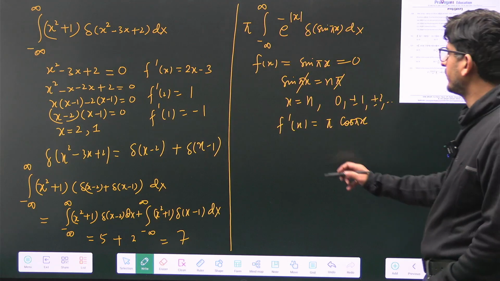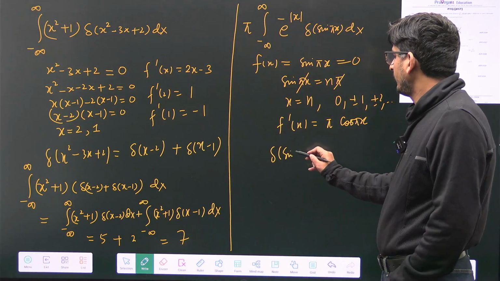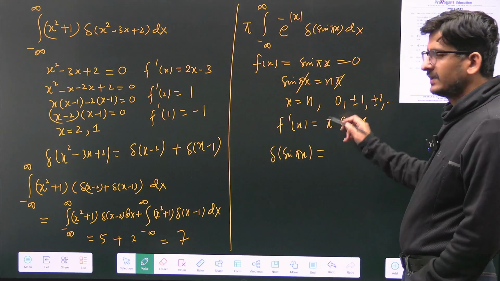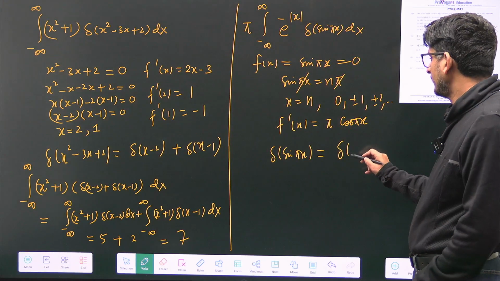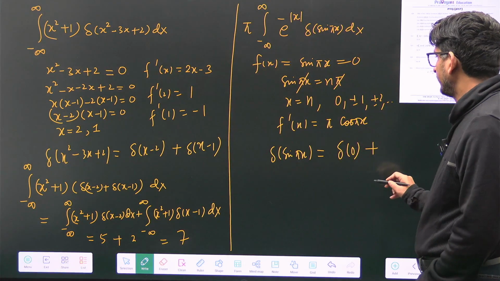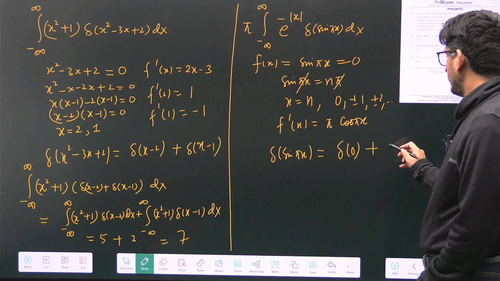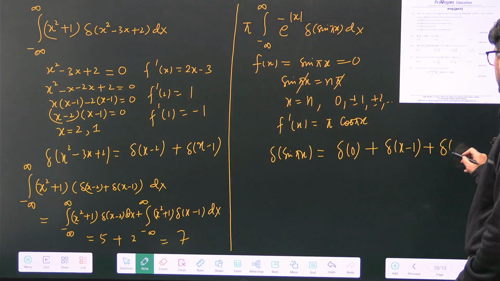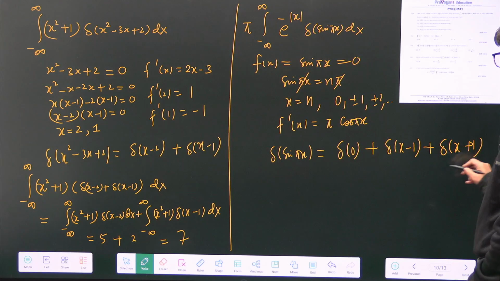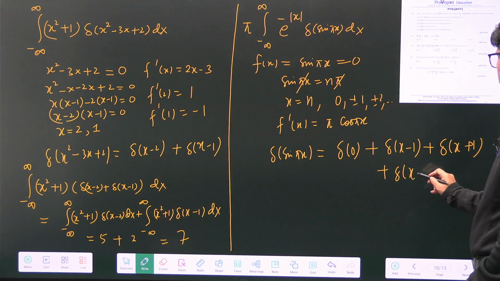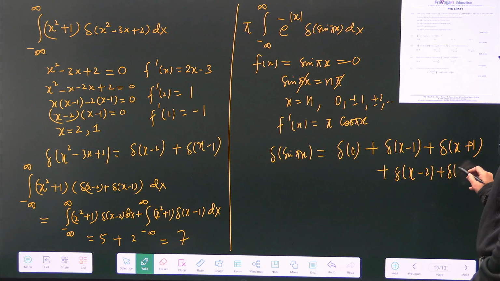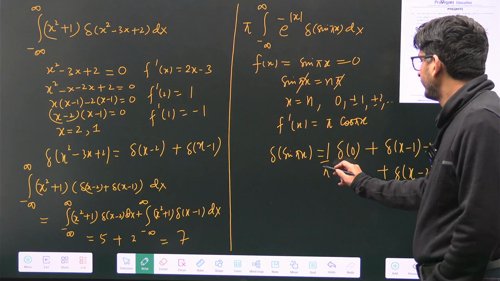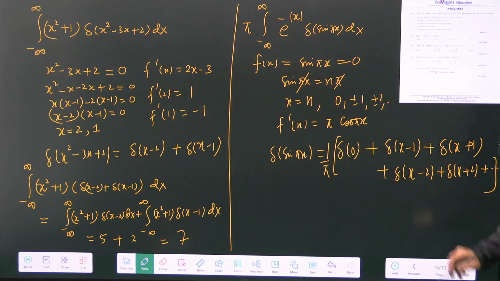Now delta function sine of pi x will become, क्या क्या हो जाएगा? पहले 0, डेल्टा 0 प्लस delta x minus 1 प्लस डेल्टा x plus 1 प्लस डेल्टा x minus 2 प्लस डेल्टा x plus 2 प्लस और आगे, times 1 upon pi.